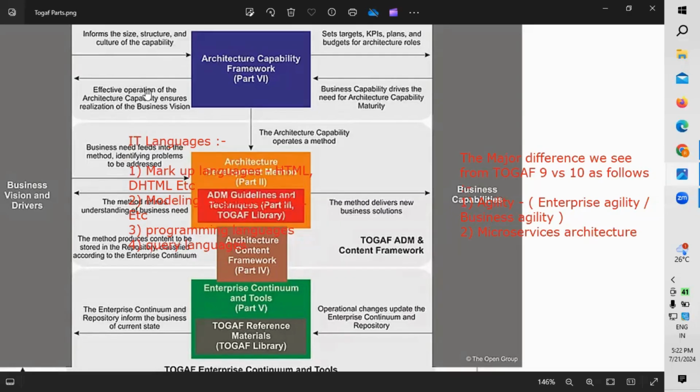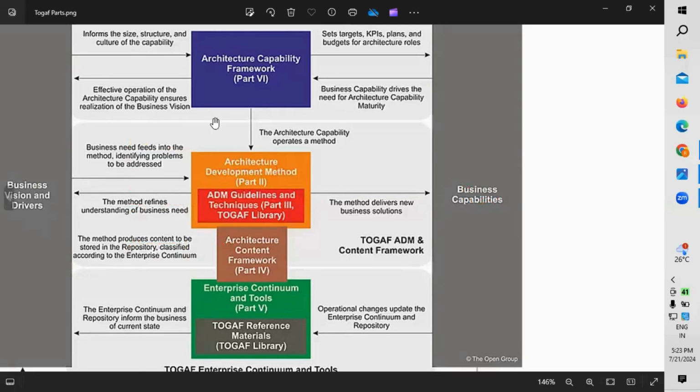Do remember, we are talking about modeling languages. Markup languages were discussed already. Modeling languages means, as an example I have taken, you want to explain a withdrawal process.